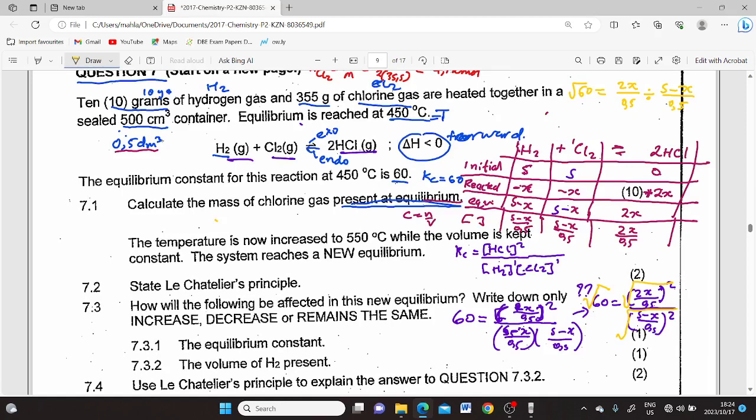So now, because this is a division, we can take the whole of this and multiply here. So we can have square root of 60 multiplied by 5 minus x over 0.5 equals to 2x over 0.5.